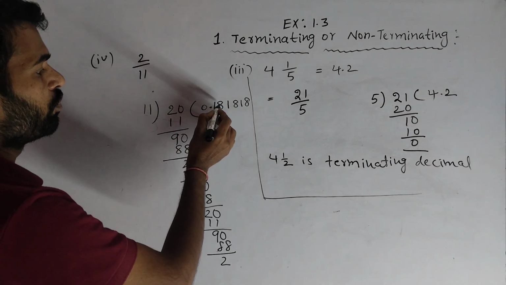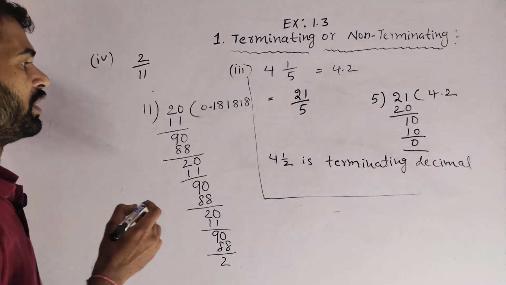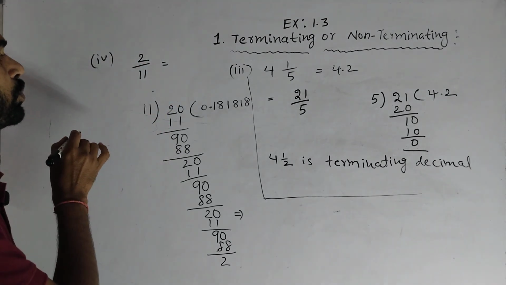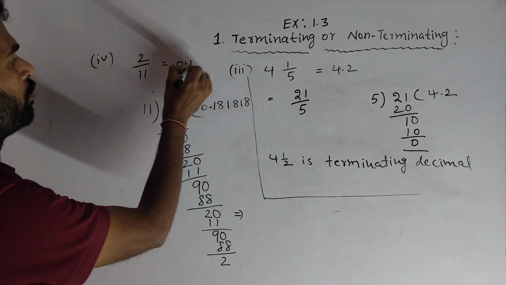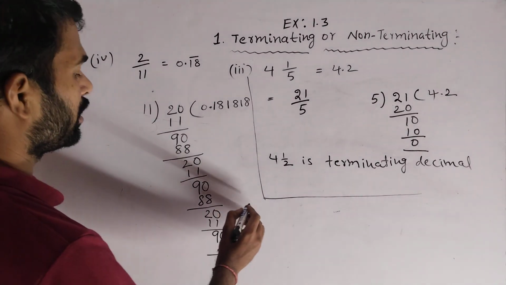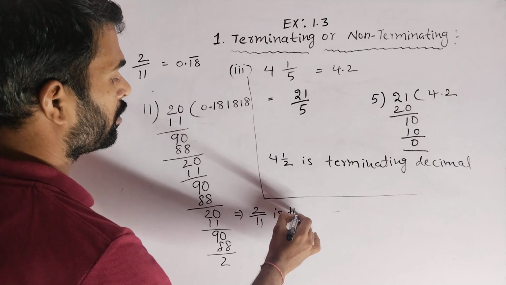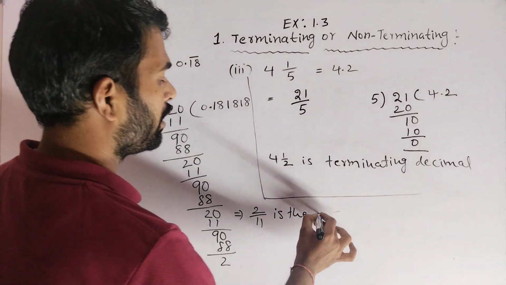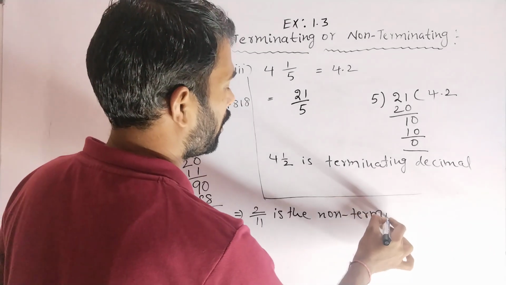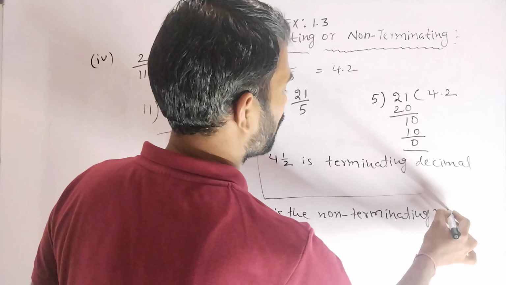Here observe that 1 8, 1 8, 1 8 is repeating. So the decimal form of 2 by 11 is 0.18 bar. Okay, so we can write that 2 by 11 is non-terminating and repeating.